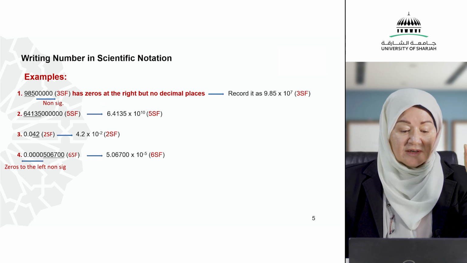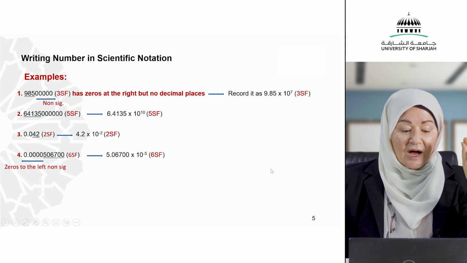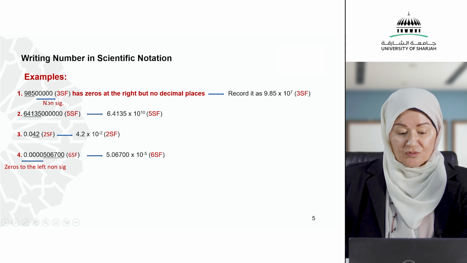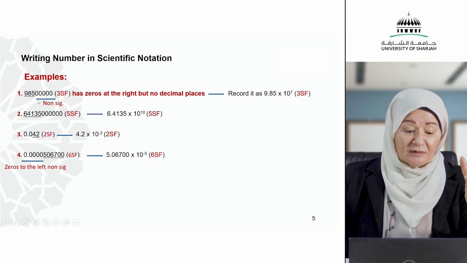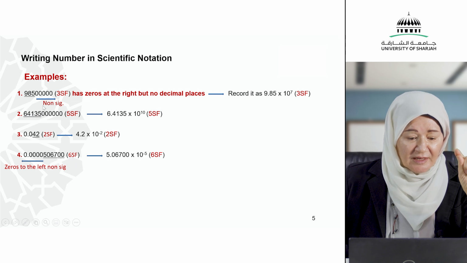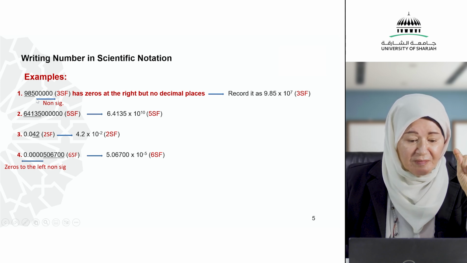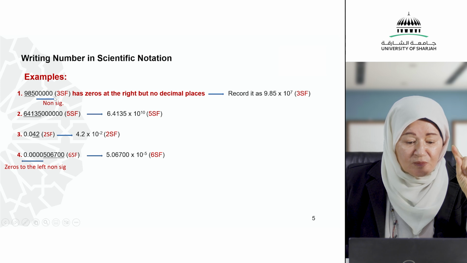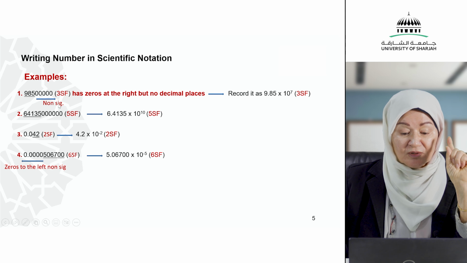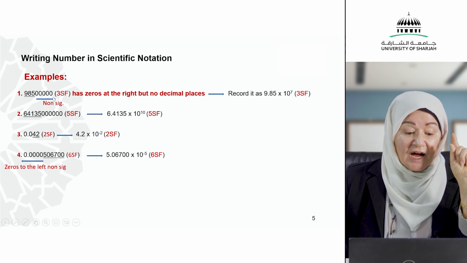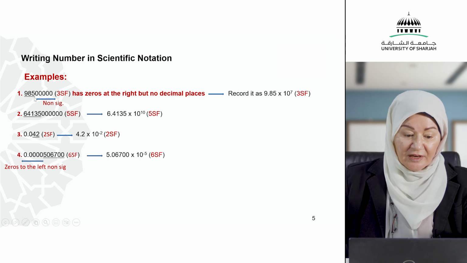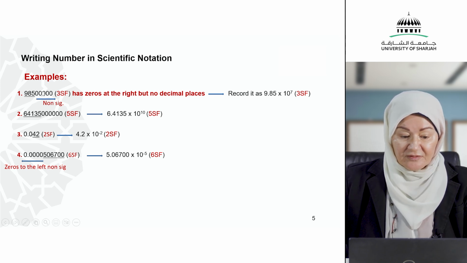I have examples for you. How do I write this number in scientific notation? First of all, I have to check how many significant figures I have. Here I have these zeros, but I don't have decimals. This is very important. I don't have decimals here, so I don't count them as significant figures. So here, 985.